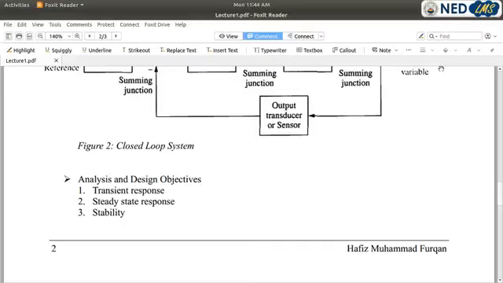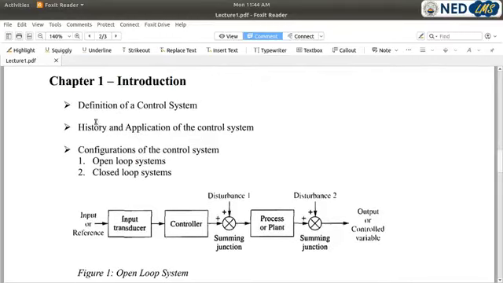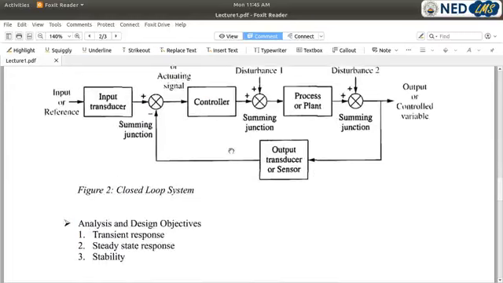Now, let's start our discussion from where we left off in the previous lecture. In the previous lecture, we defined control system and then we looked into the different configurations of a control system.